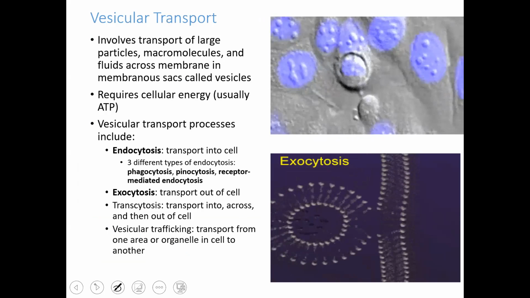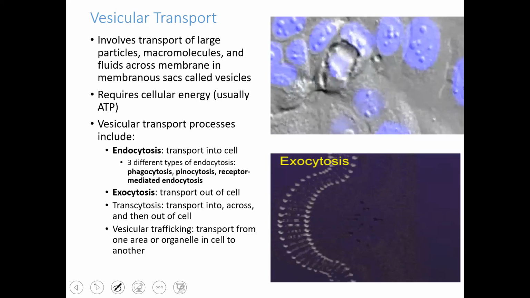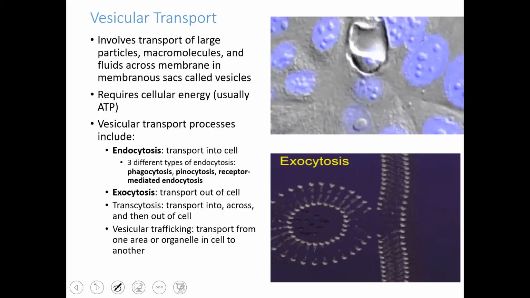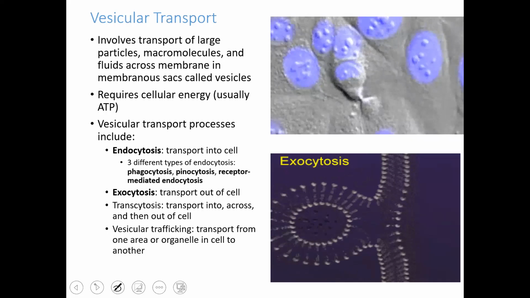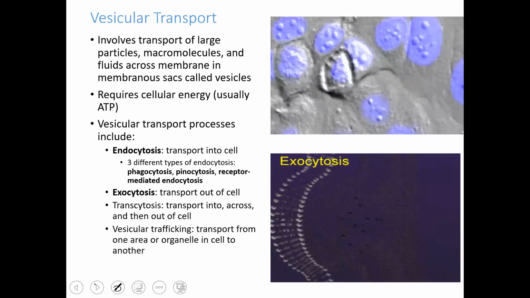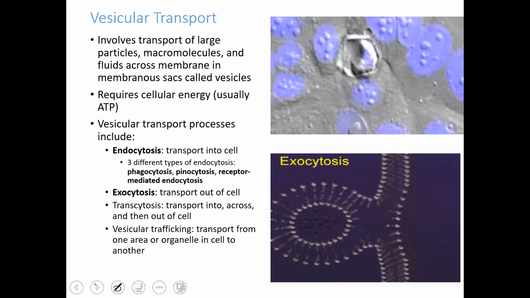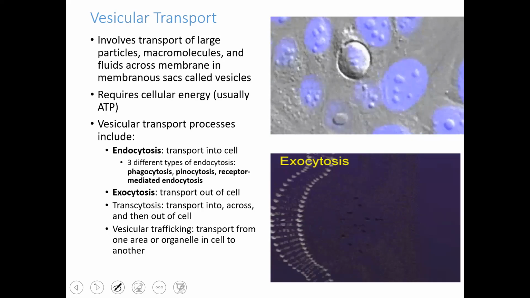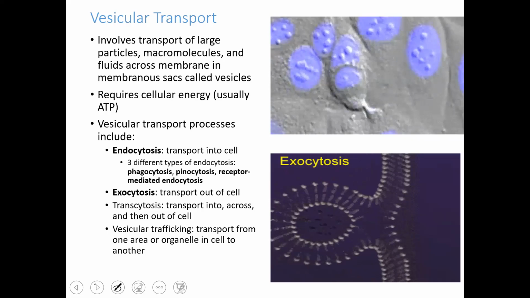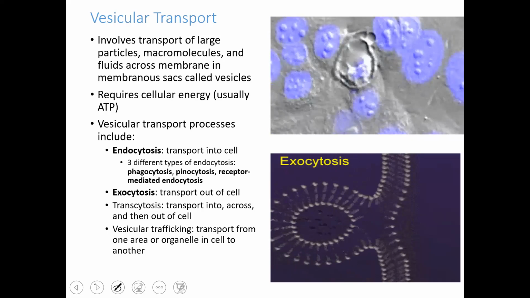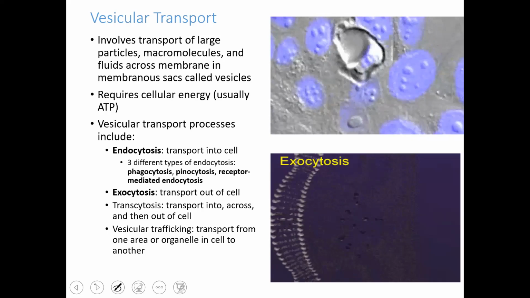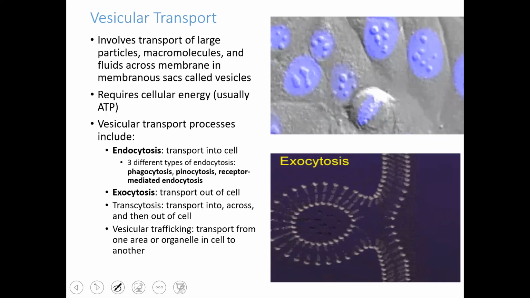We have what's known as endocytosis, where we bring in solids, that's phagocytosis, liquids, that's pinocytosis, or we have what's known as receptor mediated, meaning we only bring in certain things that fit receptor sites on the cell membrane. The top illustration there is a video of a white blood cell engulfing a bacteria.